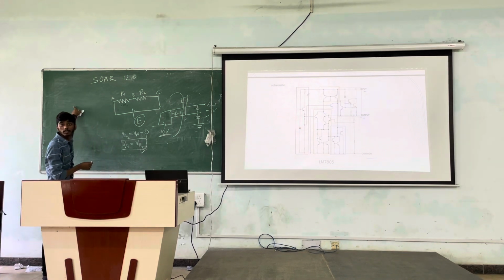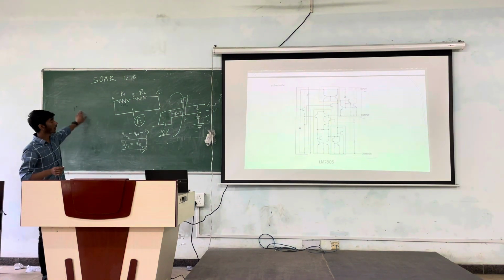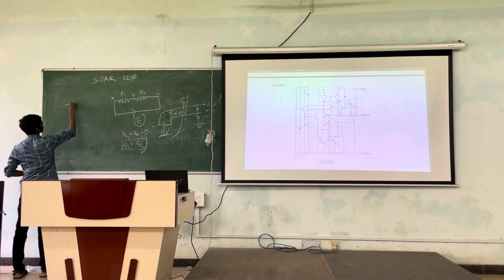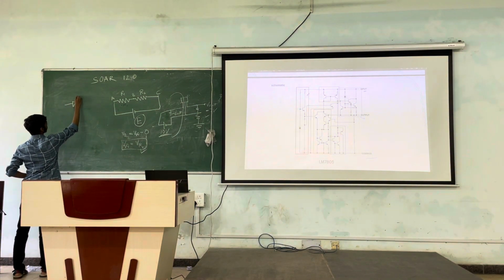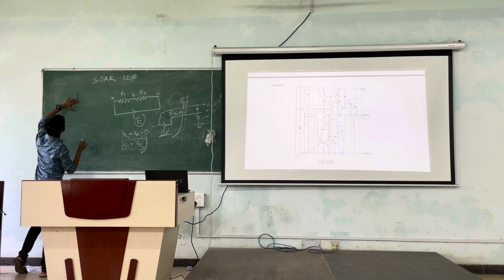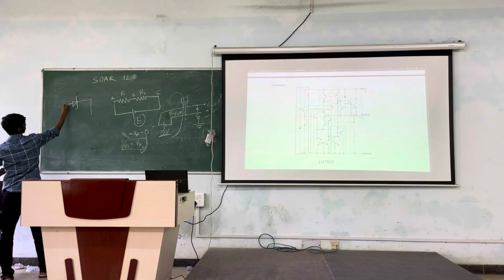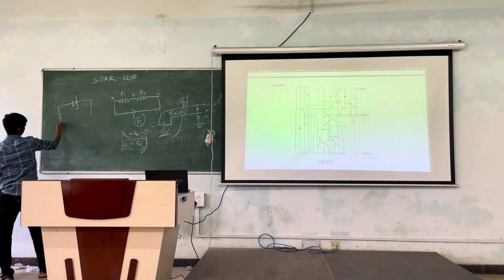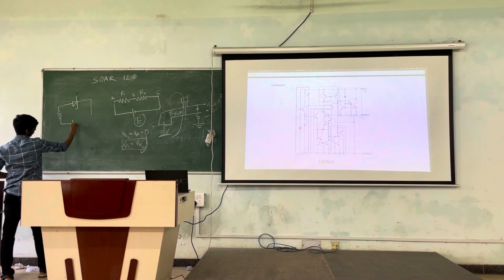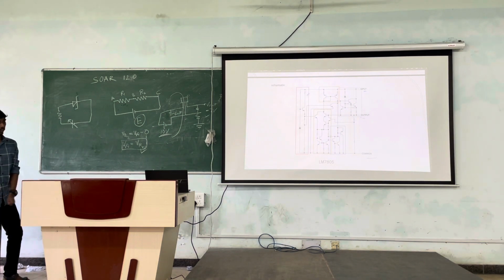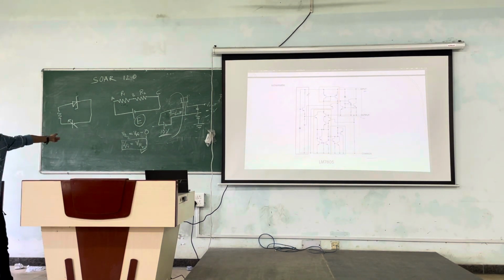Is this visible to everyone? Yes. Okay. Suppose we have this Zener diode here, which is connected through this resistor to a battery, let's say a variable voltage supply. And you guys may already know that a Zener diode has some characteristic voltage called the Zener voltage.